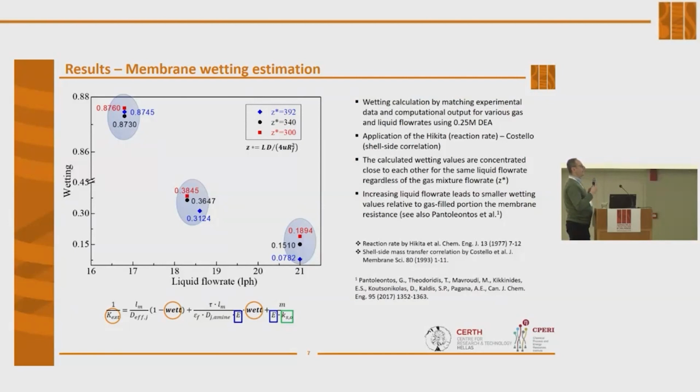And this observation might be explained by the fact that by increasing liquid flow rate in the cell side, increasing liquid velocity, we have a smaller mean residence time of a fluid element to remain in the cell side and cause wetting.